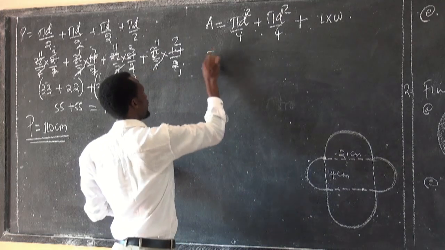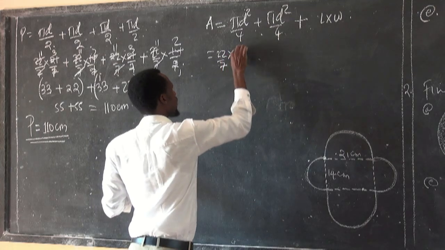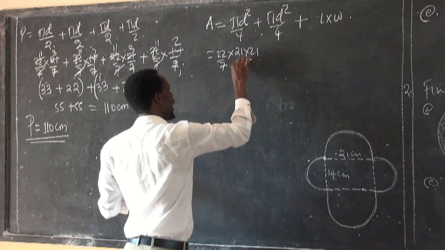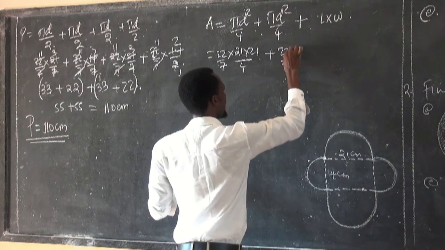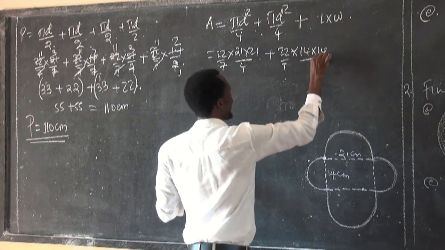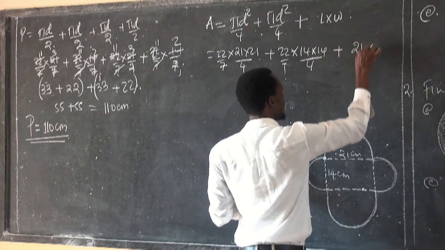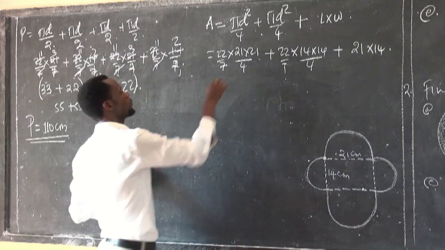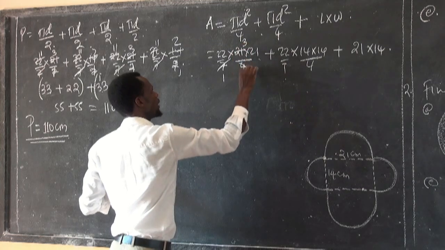Now pi is 22 over 7 times d, which is equal to 21 times 21 over 4. Then plus 22 over 7 times d, which is equal to 14 times 14 over 4. Then plus length, which is equal to 21 times 14. Then you simplify by 7, 1, by 7, 3, by 2, 2.